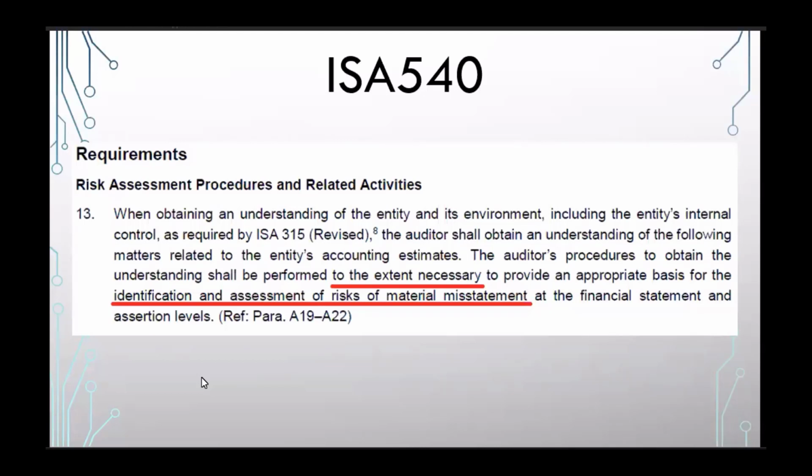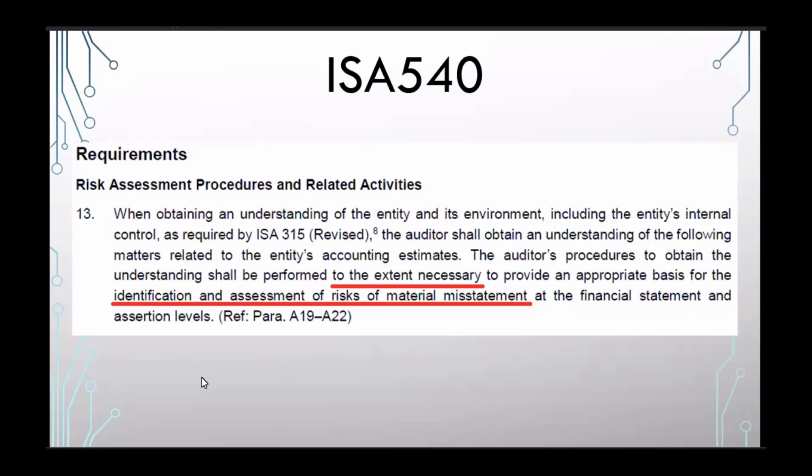There are two key things to understand about this paragraph. It speaks about the auditor's procedures to obtain the understanding being performed to the extent necessary to provide an appropriate basis for the identification and assessment of risks of material misstatement. So folks, there is going to be a requirement for you to apply professional judgment when deciding on the extent of work that needs to be performed when you're dealing with estimates.